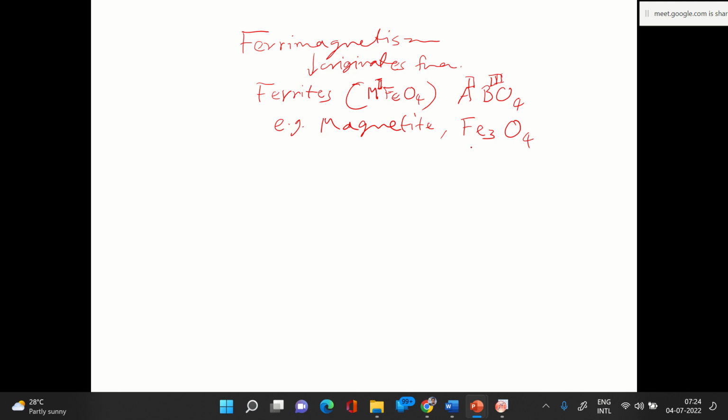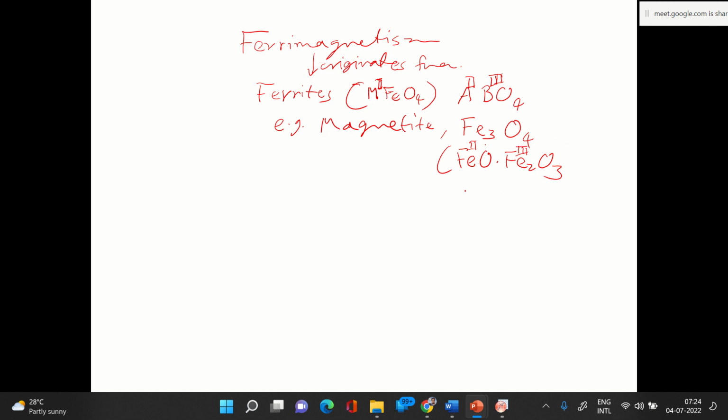You can see this is actually a combination of FeO and Fe2O3. So you have oxidation state 2, oxidation state 3, like this.